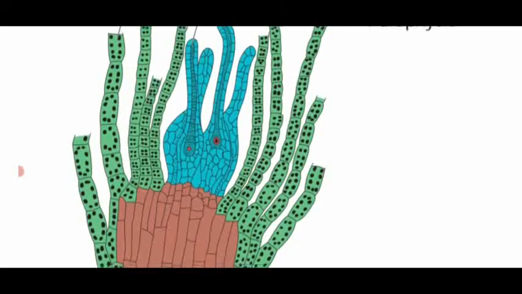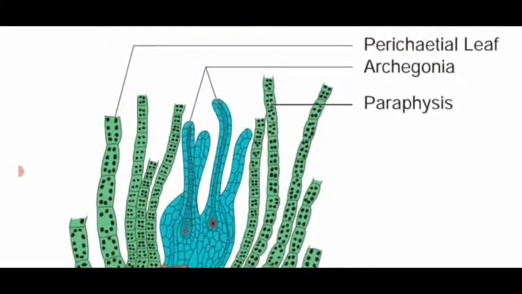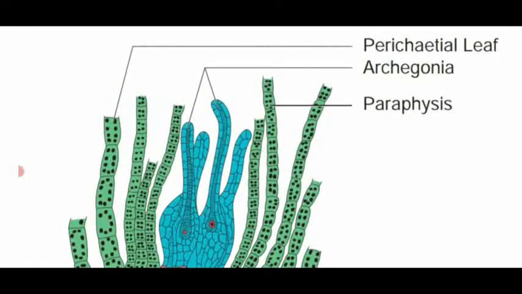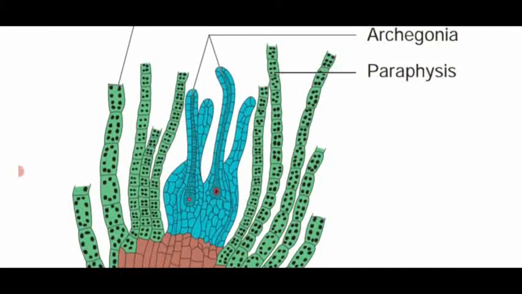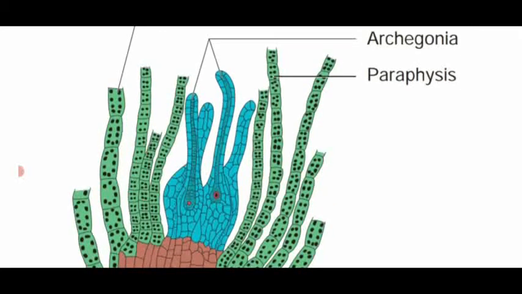Dear students, see the diagram. On the inner side, they have paraphysis. On the outer side, it is the perichaetial leaf. At the center, the blue colored region is the archegonia. See the shape of the archegonia, which is flask shaped. The basal region, which is bulged, is known as the venter.